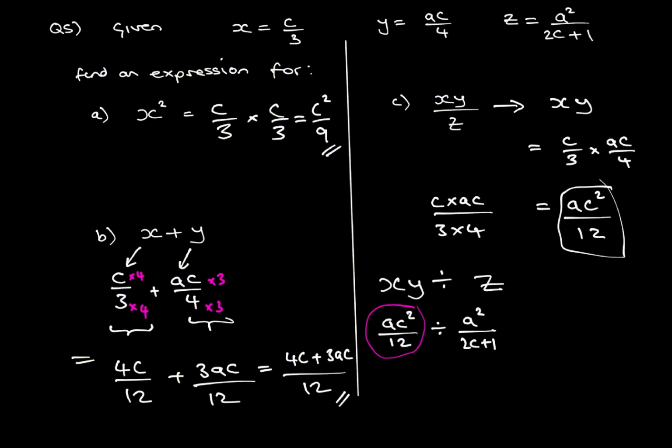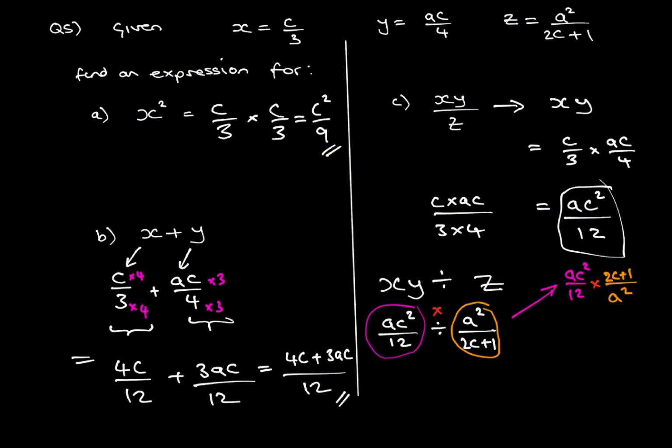So that's going to remain as ac squared over 12. You are going to change the division into a times, and then we are going to flip a squared over 2c plus 1. So that's simply going to be 2c plus 1 over a squared.